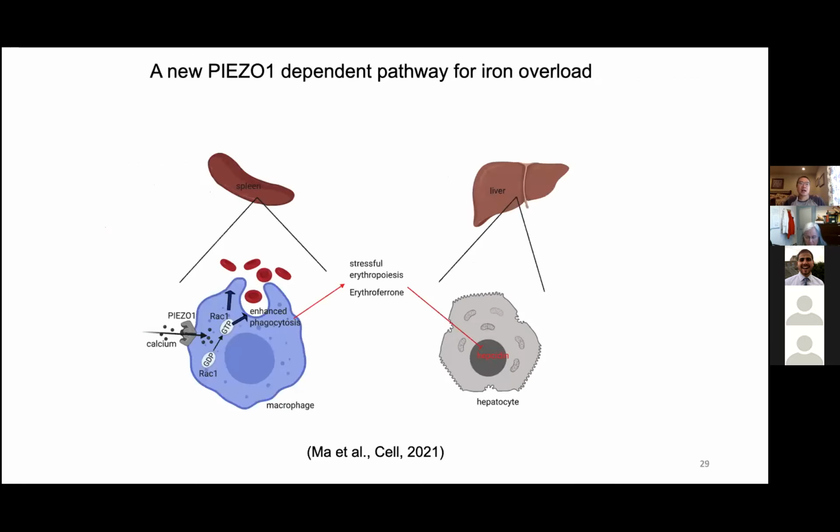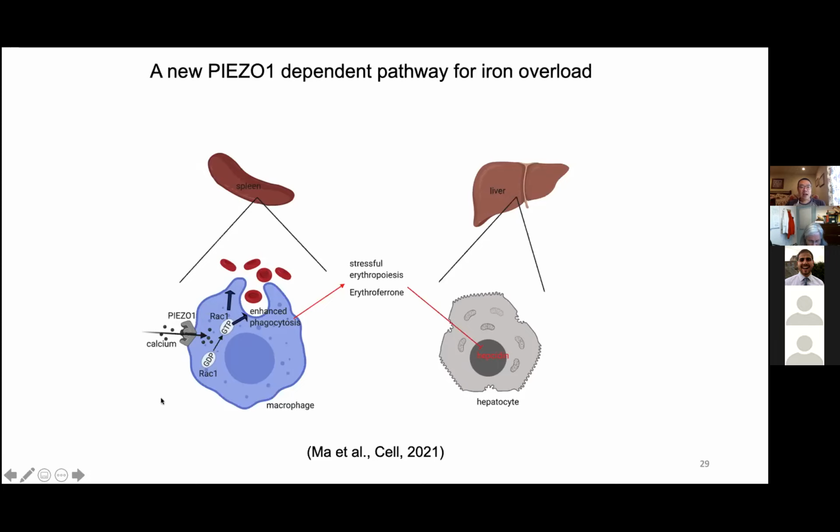So all our molecular evidence proposes a new PIEZO1-dependent pathway for iron overload. In this model, we think that the mechanically activated PIEZO1 protein on macrophages translocates more calcium ions into the macrophage, which elevates the active RAC1 protein levels, and then it enhances the phagocytosis of the macrophage.